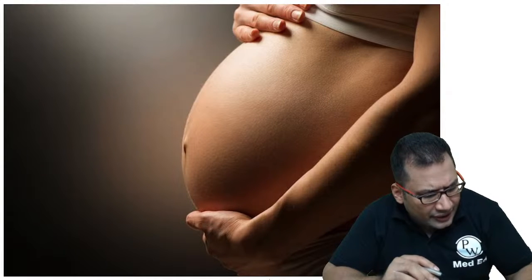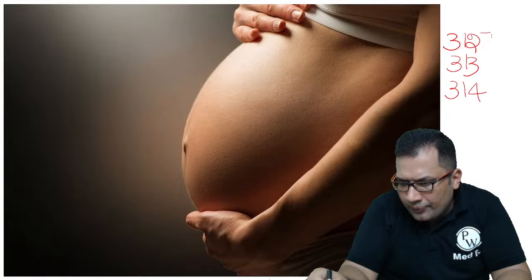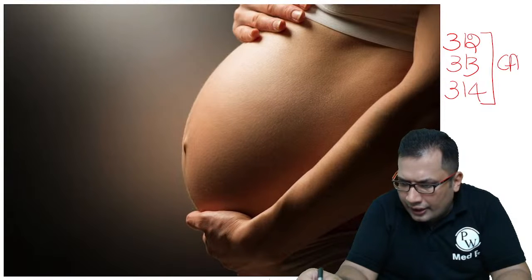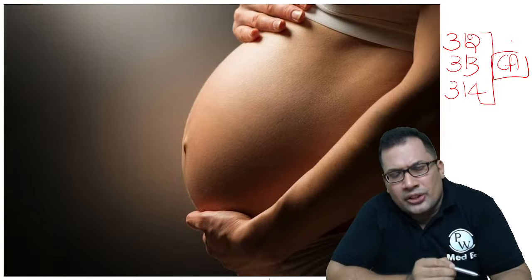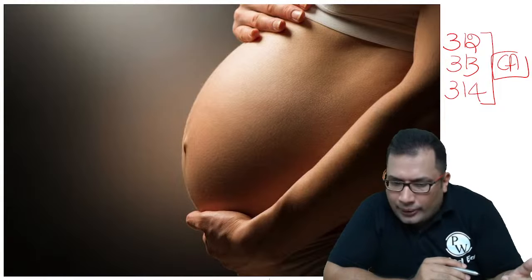Now some important sections related to abortion, criminal abortion. What did we used to study in IPC? We used to study 312, 313, 314 IPC related to criminal abortion. 312 IPC is criminal abortion with the consent of the mother, 313 without the consent of the mother, 314 death of the mother during the criminal abortion.